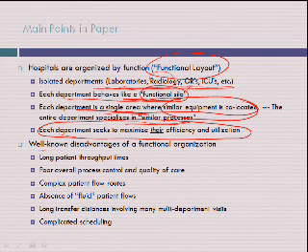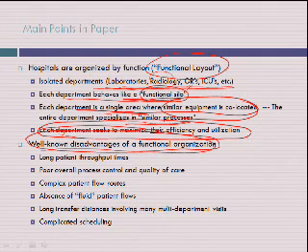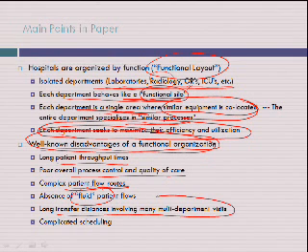But we all know that a functional organization, as is the process layout in manufacturing, has some well-known disadvantages: long throughput times, poor control and quality of care, complicated, chaotic flow pathways, delays abound, long transfer distances between multiple departments, and this too in congested downtown environments or multiple floors.